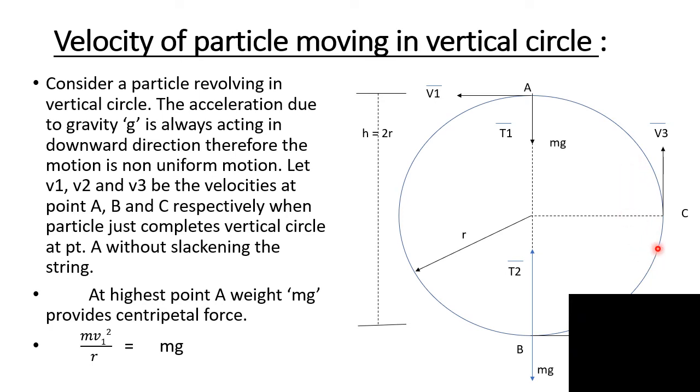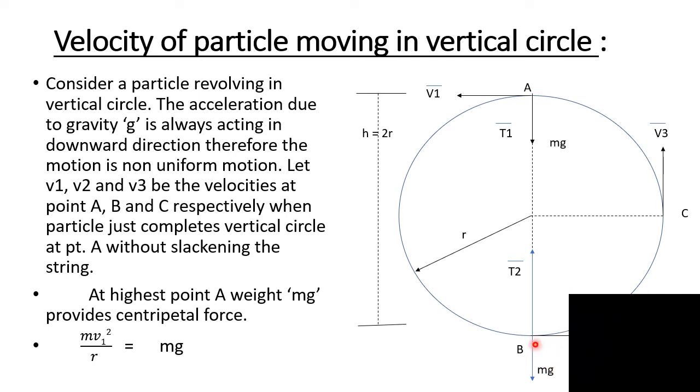Here velocity decreases continuously while moving upward. At the highest point the velocity is minimum, and when the particle is descending, acceleration due to gravity is also in the downward direction. Therefore, velocity goes on increasing. Velocity here increases continuously and becomes maximum at the lowest point.